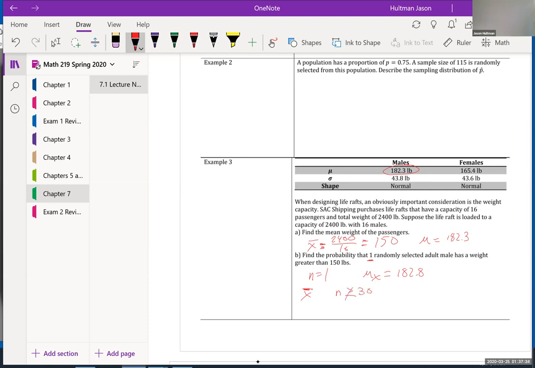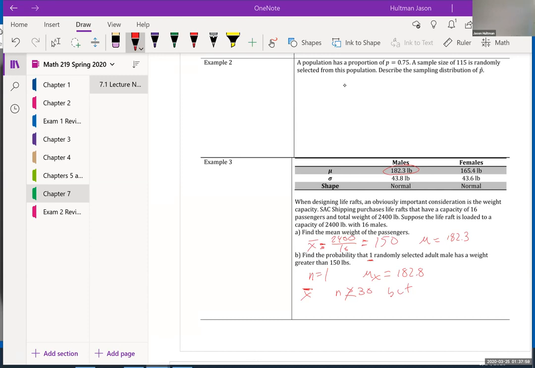But what do we know about the original population? Did I write the wrong number for mu of x bar? I don't think so. Let me see.